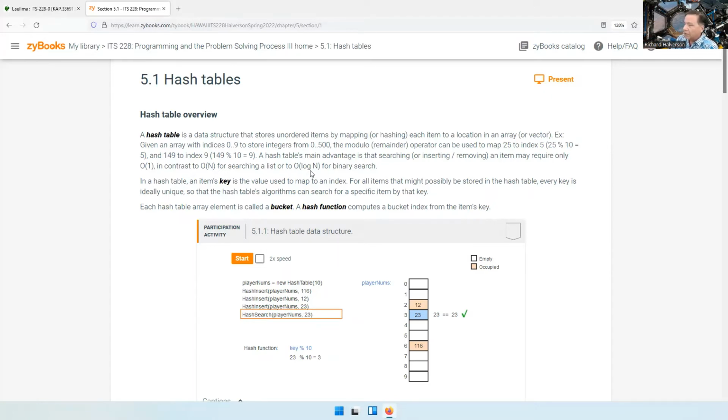Or if it's a binary search, if the list is sorted, then you can find out in O of log n if the item is in there or where you would insert it, for example.